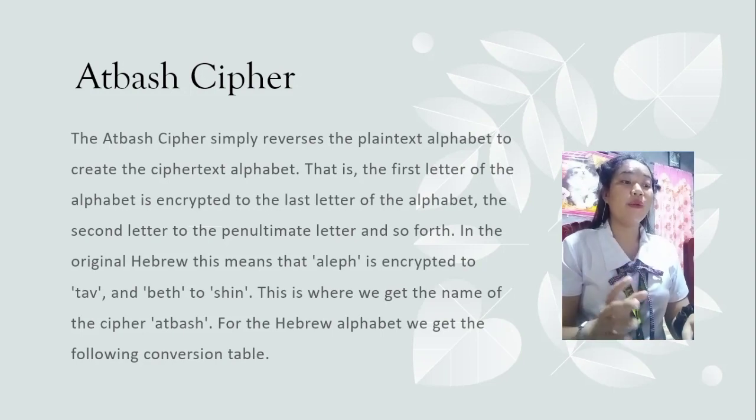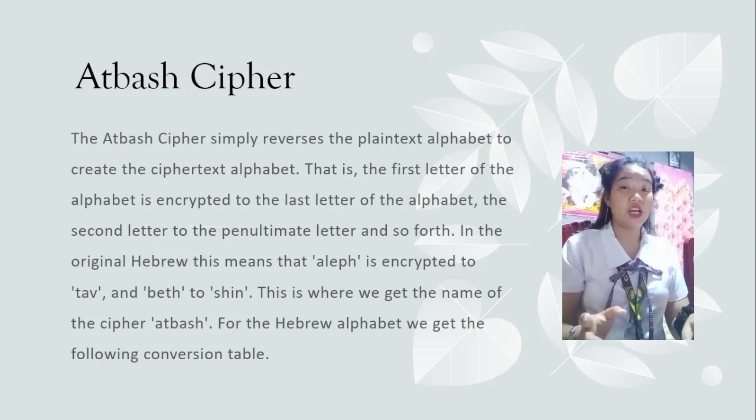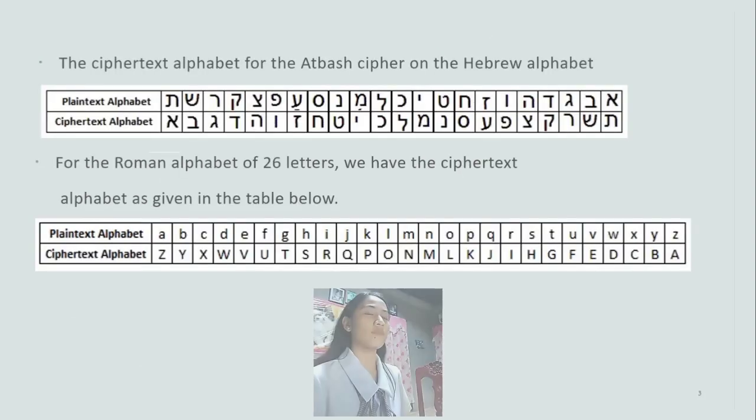This is where we get the name of the cipher, Atbash. For the Hebrew alphabet, we get the following conversion table. The ciphertext alphabet for the Atbash cipher on the Hebrew alphabet. For the Roman alphabet of 26 letters, we have the ciphertext alphabet as given in the table below.